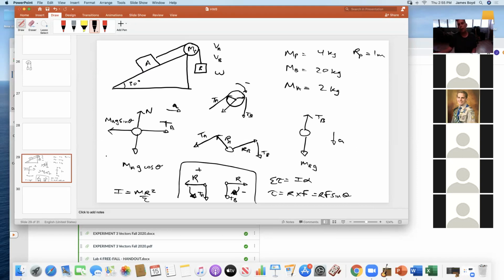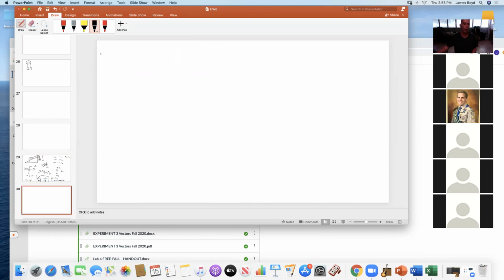Remember that these diagrams allow us to write the equations right away. So we know for that first one, MA, X if you prefer, is T minus MAG sine theta. MAY, which was 0, is N minus MAG cos theta.